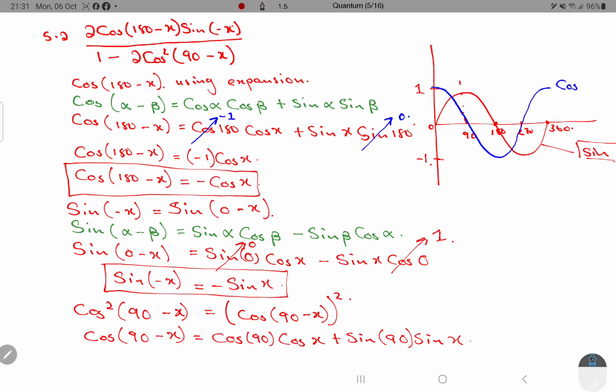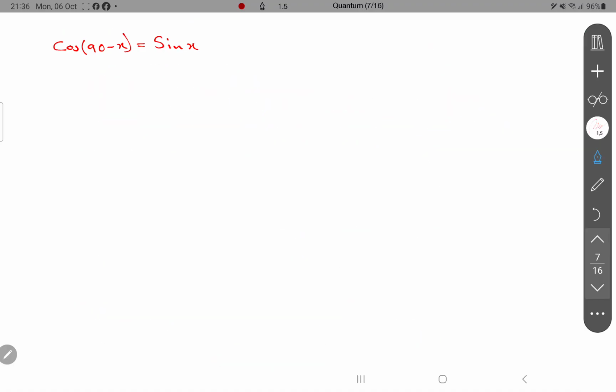Now, cos 90 is 0 and sine 90 is 1. So you're going to get sine x from there. So cos of 90 minus x equals sine x, and if we square it, cos squared of 90 minus x becomes sine squared x.